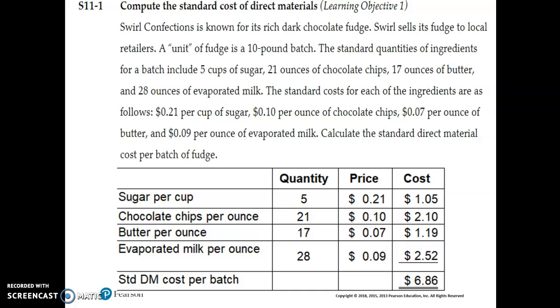Then evaporated milk is 28 ounces times 9 cents per ounce, which gives us $2.52. The total here becomes the standard cost for a batch of fudge.